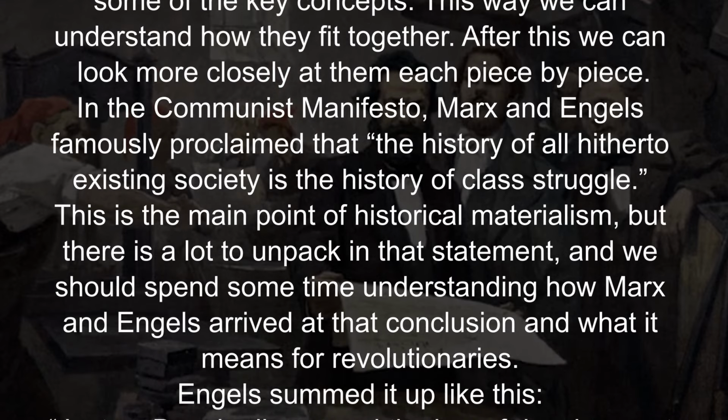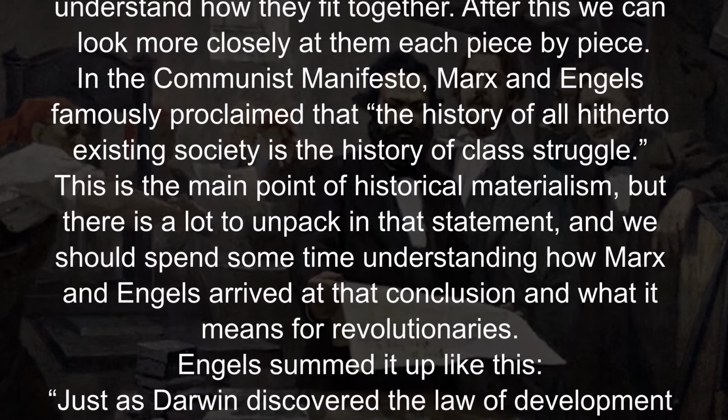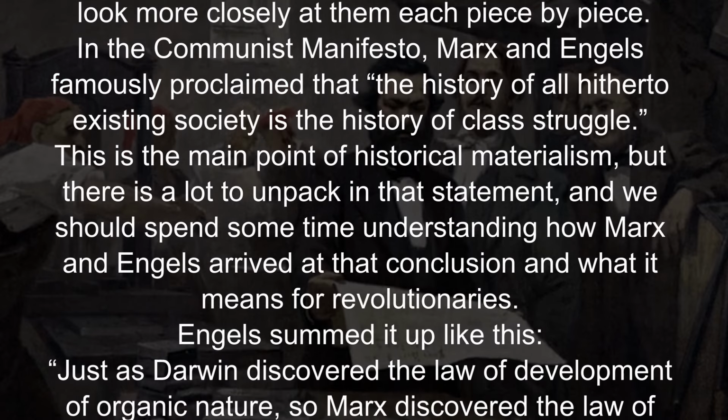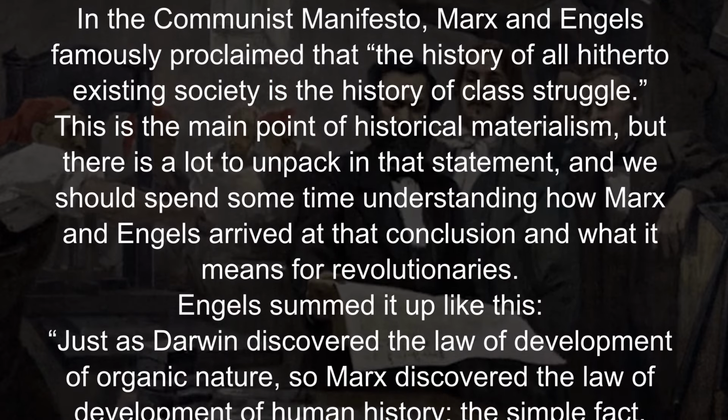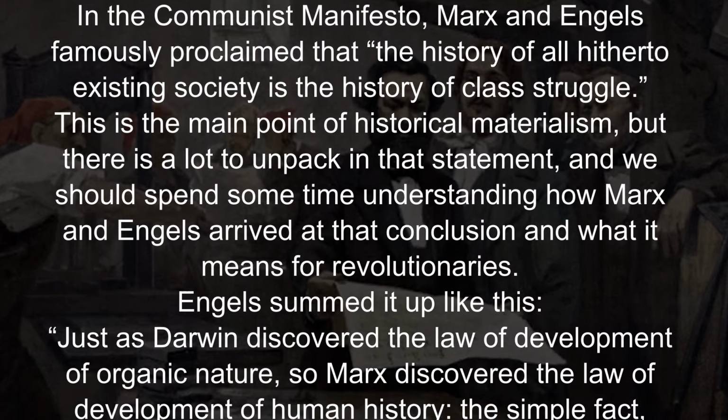Engels summed it up like this: just as Darwin discovered the law of development of organic nature, so Marx discovered the law of development of human history.